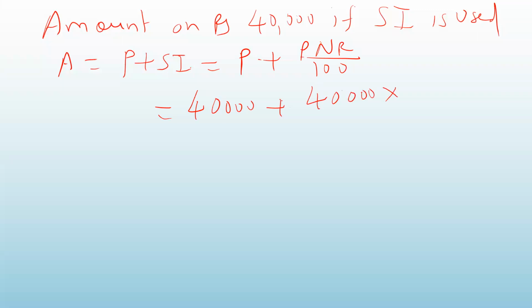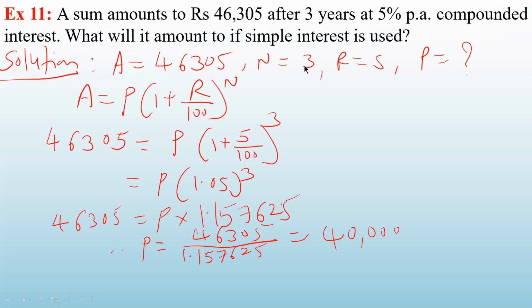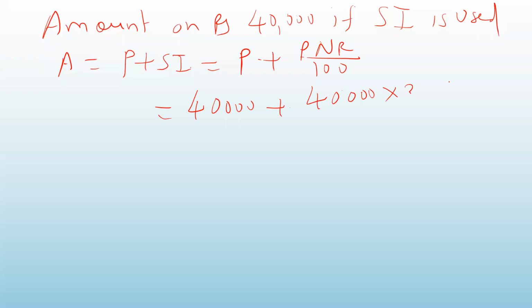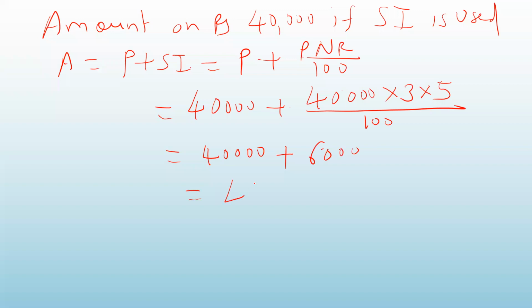N is how much? 3 and R is 5. Solve this. You will get the amount when simple interest is used. Okay, so this is 40,000 plus 6,000 gives you 46,000.